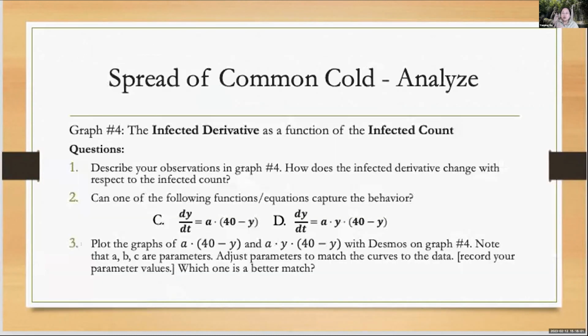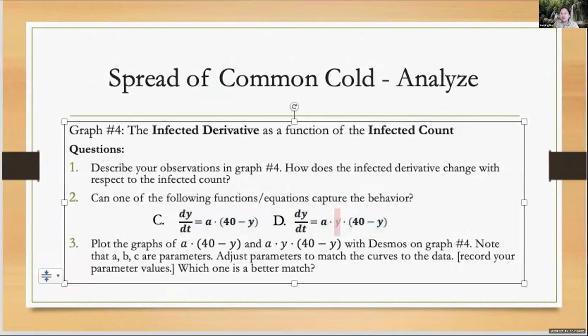And of course, we do the same procedure again, plotting the graph of the infected derivative over the infected count. I mean, we all know the answer. The best model is dy over dt. The rate of change of infection is some constant times the newly infected multiplied by 40 minus y, which is how many people are left to be infected.